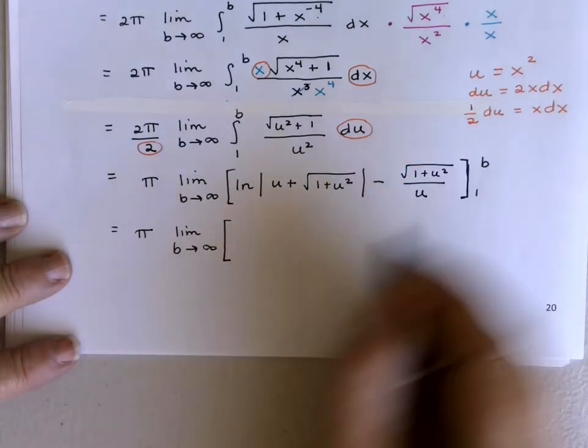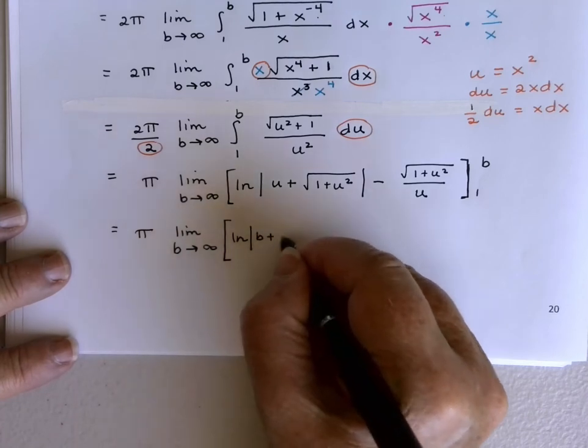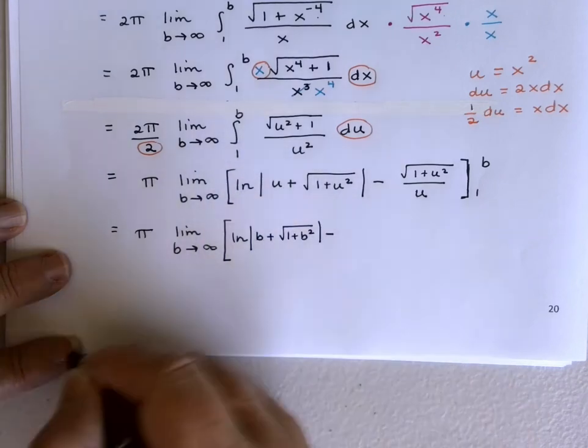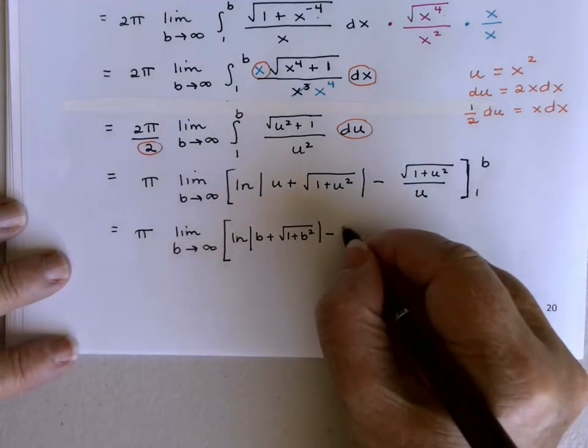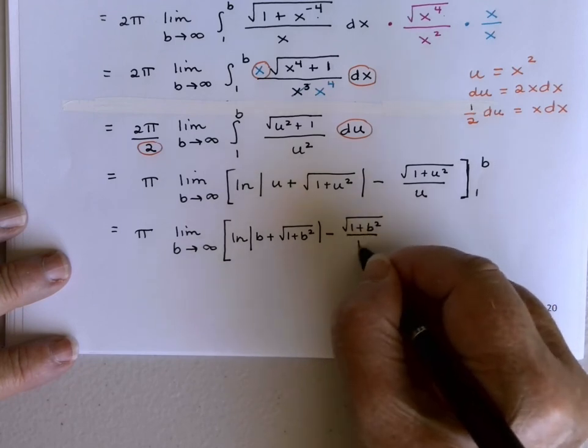All right, plugging in the b, I'd have the natural log of b plus the square root of 1 plus b squared, minus the square root of 1 plus b squared over b.